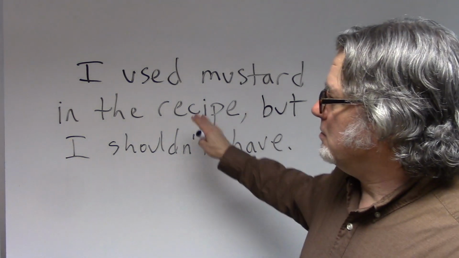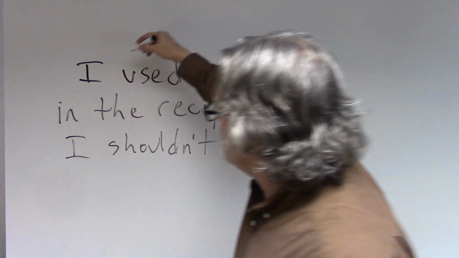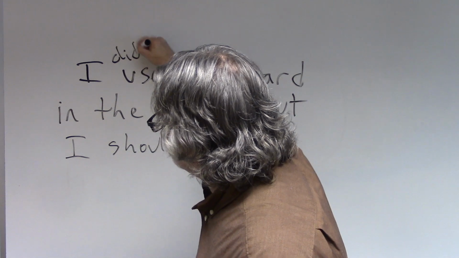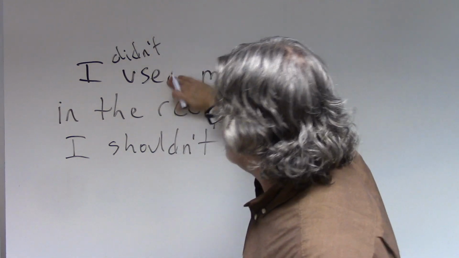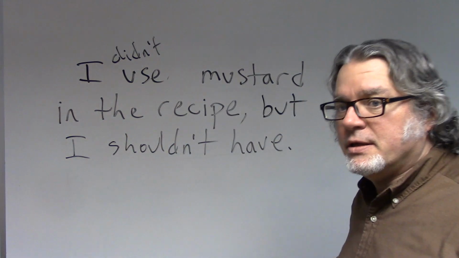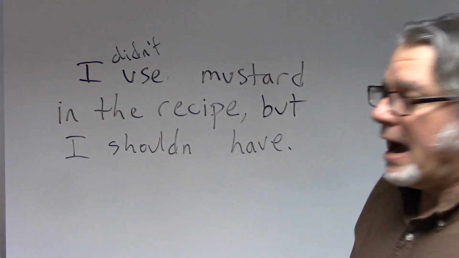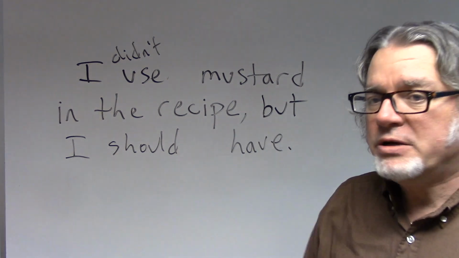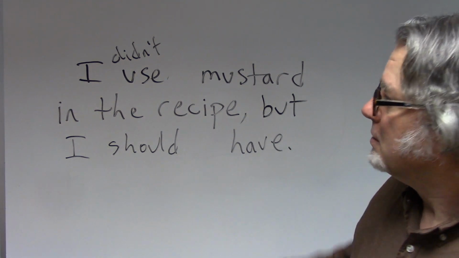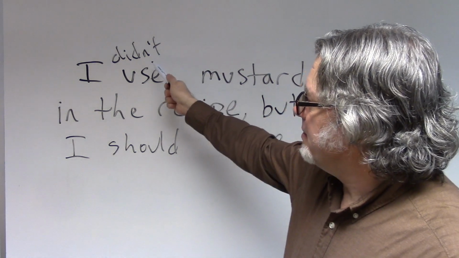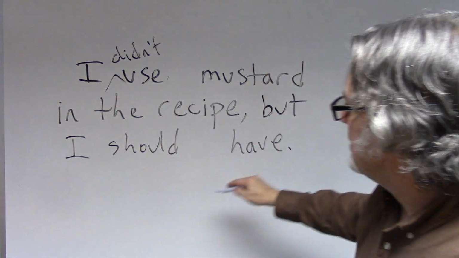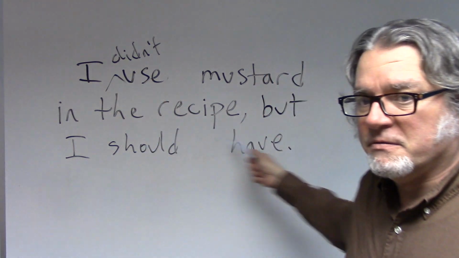If you do the opposite and use didn't here, I didn't use mustard in the recipe, but I should have. So if it's negative here, didn't use, then it'll be affirmative here.